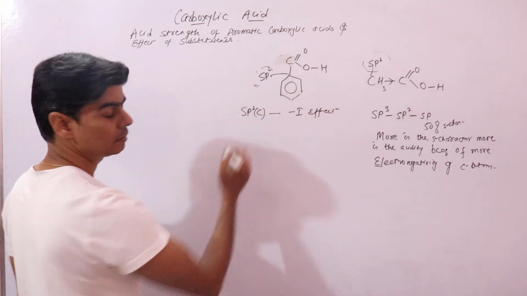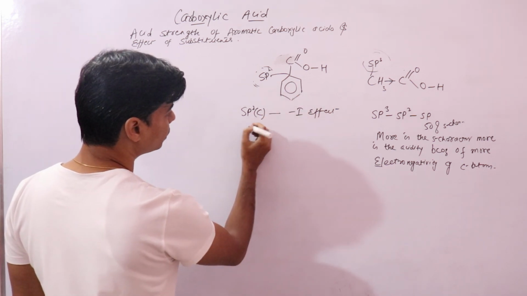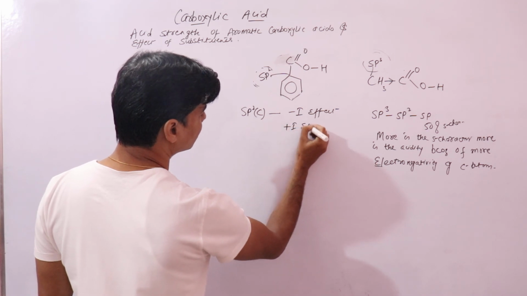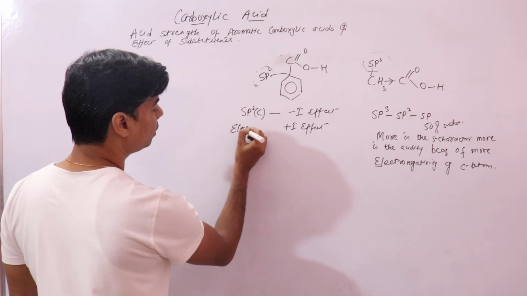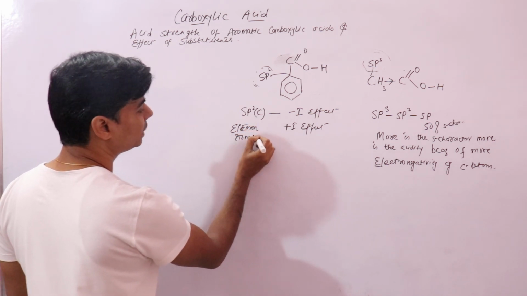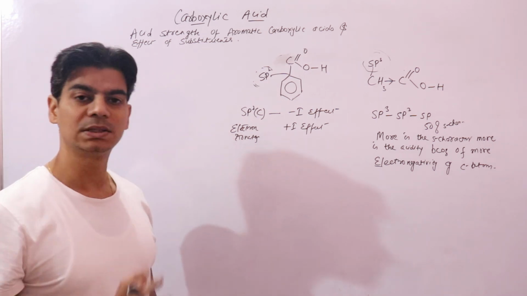right? Benzene exerts minus I effect, but this benzene ring also exerts your plus I effect, right, which is your electron donating. We know that benzene is electron rich molecule, right, because of its pi system.